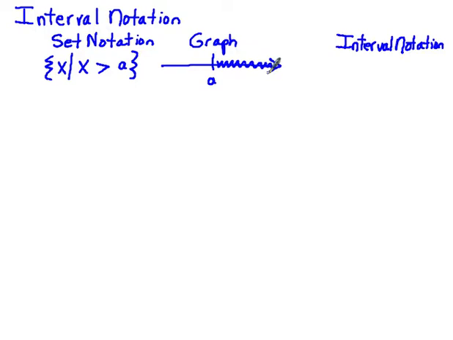In high school, you may have talked about open circles and closed circles, and if it was greater than, then you would use an open circle, and if it was greater than or equal to, you would use a closed circle. Well, what this book talks about, and the way that it helps you out when we get to interval notation, is that we're going to talk about a parentheses if you're talking about greater than or less than, or infinity or negative infinity, and you're going to talk about brackets if you've got greater than or equal to, or less than or equal to.